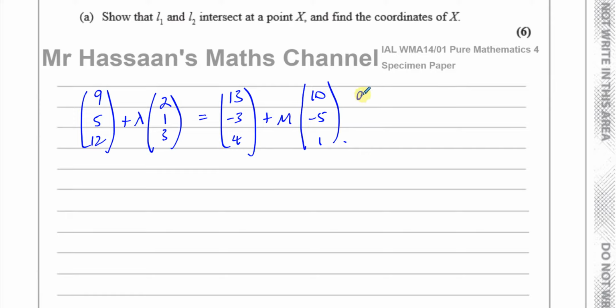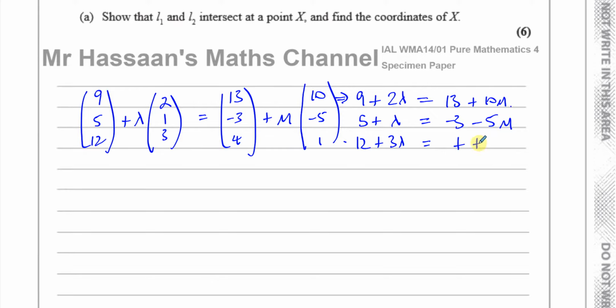So I can say 9 plus 2 lambda must be the same thing as 13 plus 10 mu. And then I've got 5 plus lambda is the same thing as -3 minus 5 mu, and 12 plus 3 lambda is the same thing as 4 plus mu.